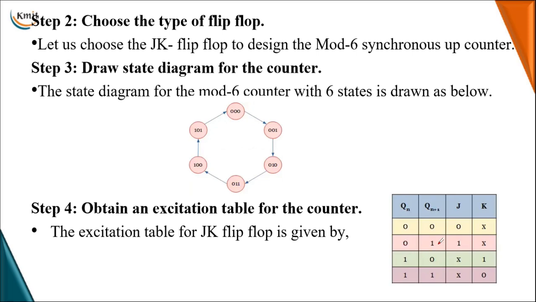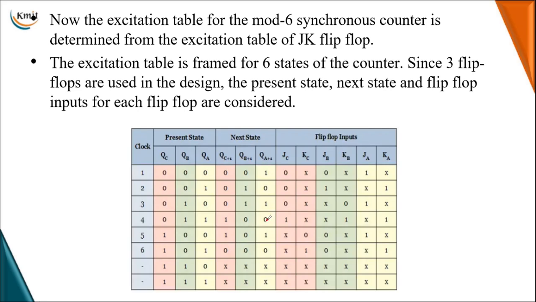If QC is 0 and QC plus 1 is 1, we write 1 don't care. For a 1 to 0 transition, we write JC KC as don't care 1. If it is 1 to 1, we write JC KC as don't care 0. Based on this excitation table, we write the values of JC and KC.